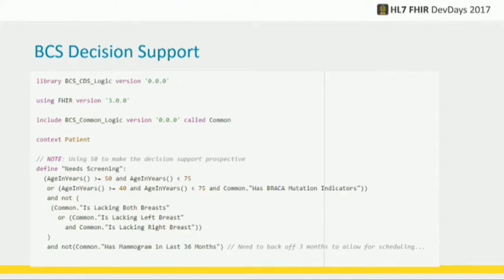And so we shift that window down a little bit, and we use the same exclusion factors, and then we back off 3 months in order to allow for scheduling, right? You need to look for whether they've had it, because by the time they've missed the window, it's too late, right? You want to make this prospective so that you're not missing an opportunity.